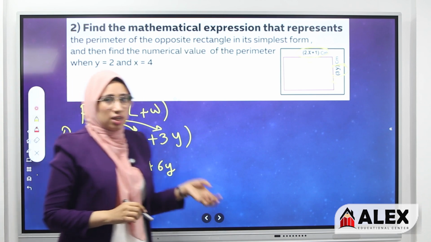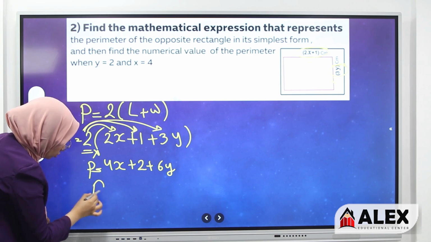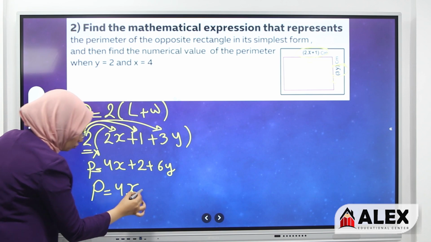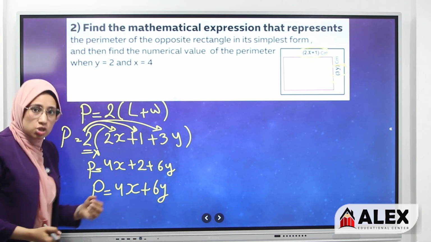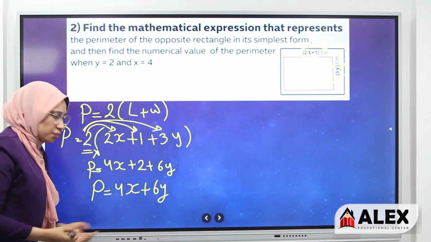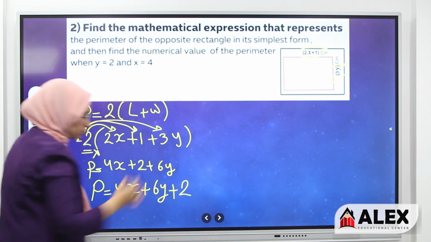Okay, arrange the expression to be like this: perimeter equals 4x plus 6y. First we put the terms with the variables x and y, and then we put the constant.